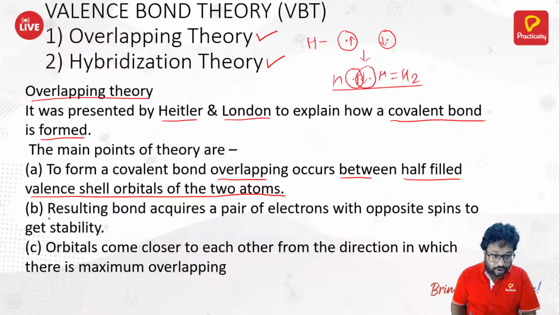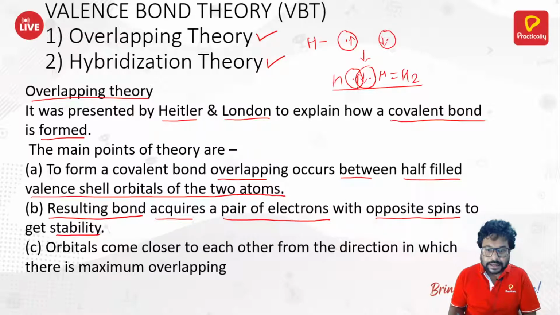The resulting bond acquires a pair of electrons with opposite spins to get stability. You can see here, this resulting bond has two electrons in opposite directions. One is in an upward direction, another is in a downward direction.